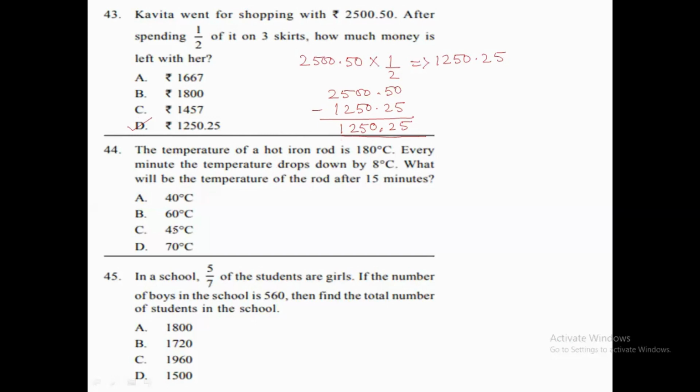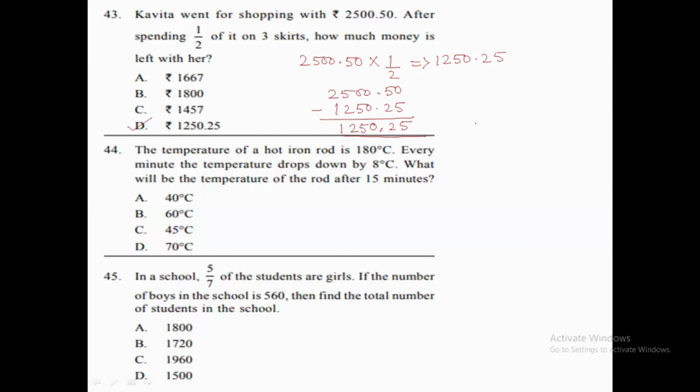Now question number 24 is saying that the temperature of a hot iron is 180 degrees Celsius. Now every minute the temperature drops by 8 degrees Celsius. Every minute it is dropping. Now what will be the temperature of the rod after 15 minutes?